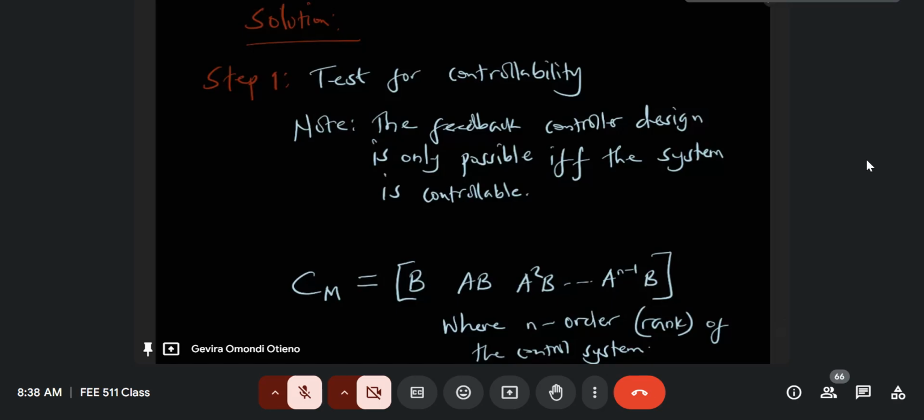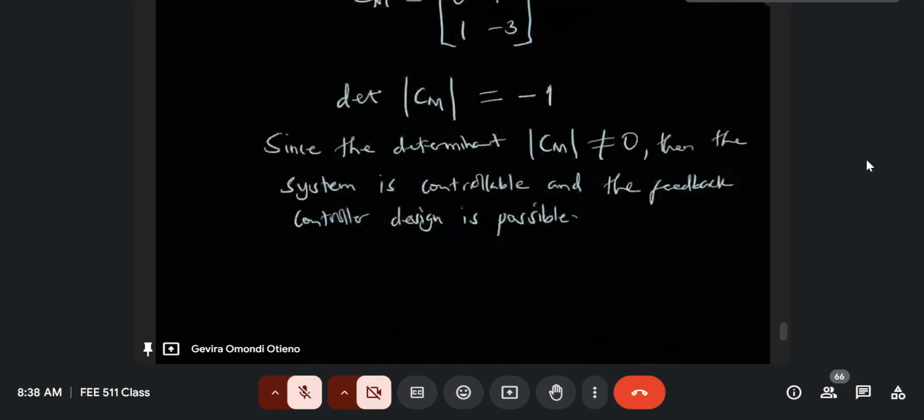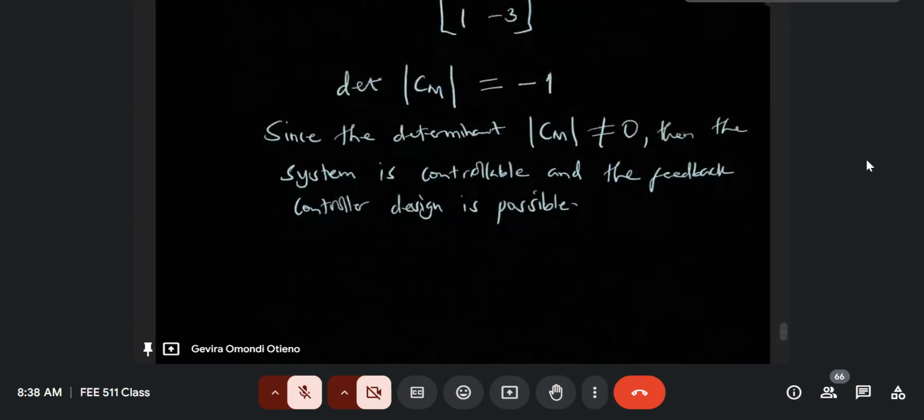So we have tested the system that we've been given in this example, and we've seen clearly that the system is controllable because the determinant is minus 1. It is non-zero. Step number 2. Let's now look at the second step. Now that you have determined that your system is controllable, what must we do next?